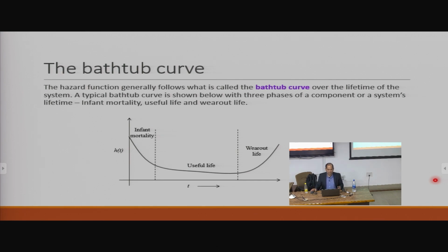You divide a system's life cycle into 3 phases: infant mortality, useful life, and wear out life. You have t on the x-axis, hazard rate on the y-axis, and 3 phases: a decreasing failure rate, an almost constant failure rate, and then wear out life.